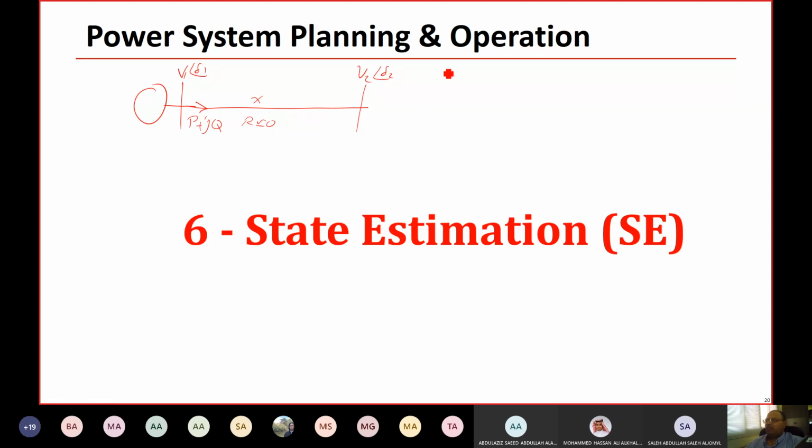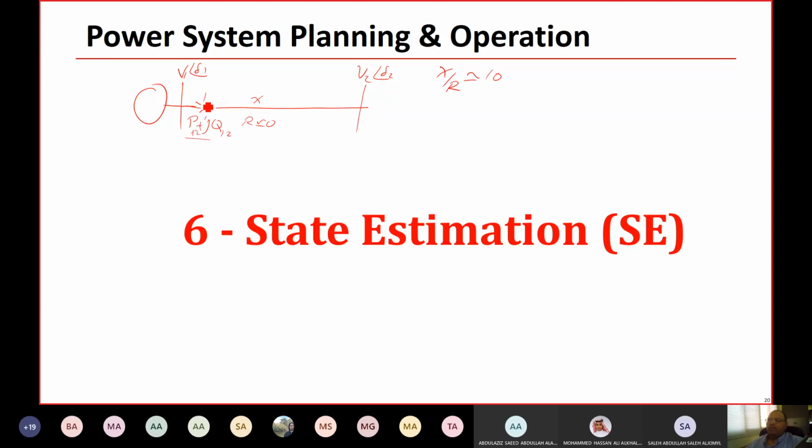The ratio X over R is approximately 10, so you can neglect the resistance. Assume that you have the reactance of the transmission line, and these are the voltages at both buses. How much is the power flow P12 and Q12 here?